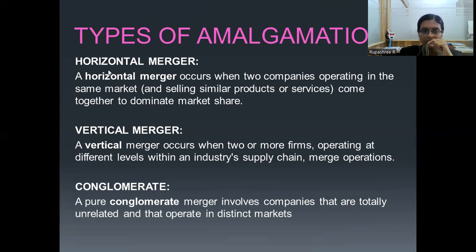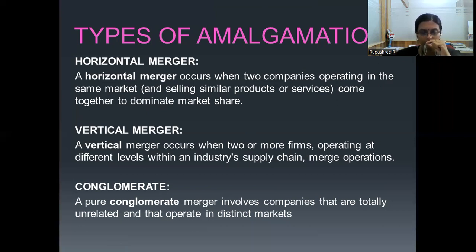Now, we'll try and understand what you mean by a horizontal merger. When you say a horizontal merger, the two companies that are getting liquidated and forming a single entity will operate in the same market or carry out the same nature of business. For example, Vodafone was into telecommunication, and Idea is also into telecommunication.